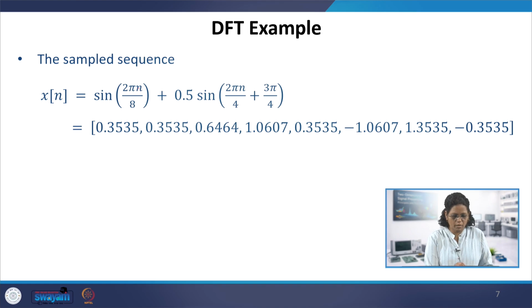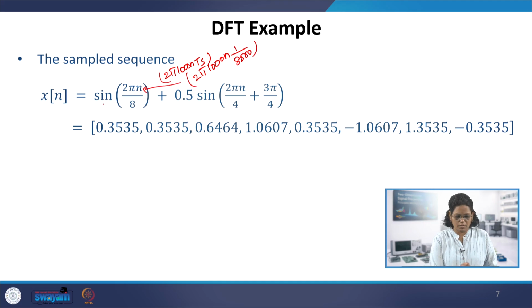So 2 pi 1000 t becomes 2 pi 1000 nTs, where Ts is taken to be 1 by 8000, so the sampling frequency is 8 kilohertz. We get this expression through that. Simplifying it, we get sin 2 pi n by 8.